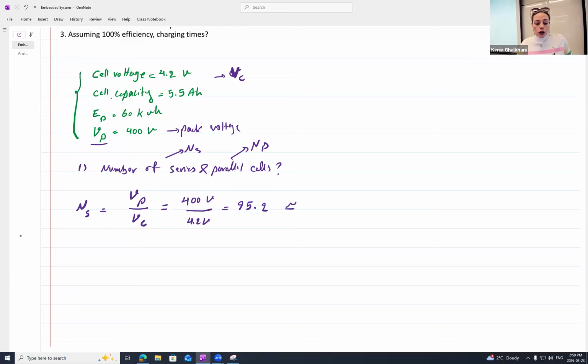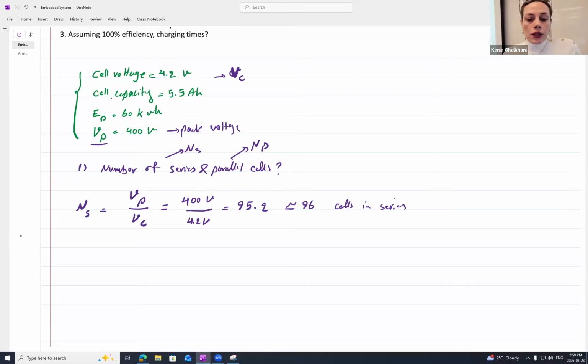Because if I'm looking for 95 only, I'm probably gonna miss some of the required voltage, which is gonna be generated through another missing cell. Therefore, I'm gonna round up and include 96 cells in series connection. This is my number for the series connection.